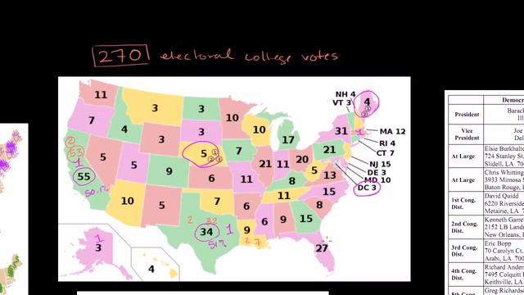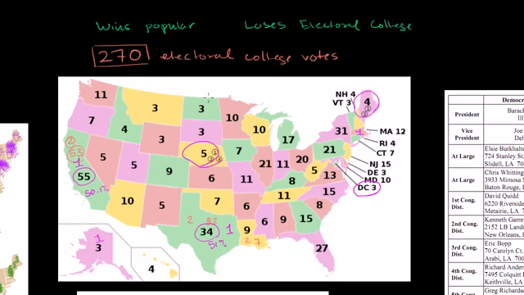Now, you might already be getting a sense that this winner-take-all system might lead to some distortions. And the biggest distortion of all is you can imagine a candidate who wins the popular vote, and loses the election, or loses in the Electoral College. And you might think, well, how can that happen?